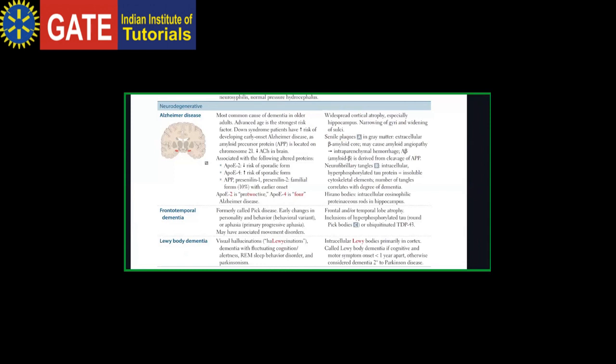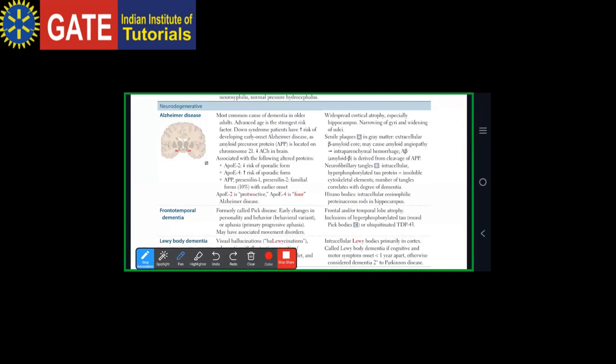These secretase enzymes are there: alpha secretase, beta secretase, gamma secretase. Usually this will cleave that APP protein, amyloid precursor protein, accumulation of which, if it is there, you will have a familial onset of Alzheimer's. So if this is cut up, it is going to be secreted.